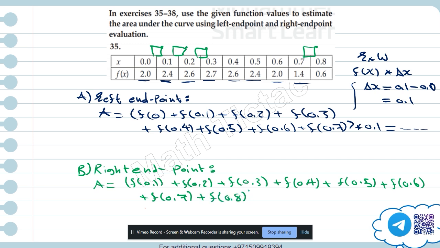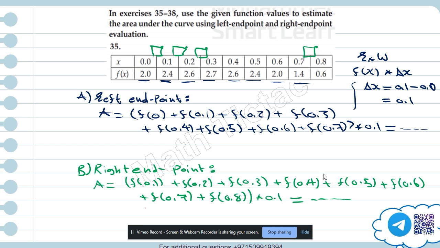Then I'll close this and multiply all the values by 0.1. And that's it. Then you can find the final answer. This is how we can calculate the area under the curve if the table is given with the function and x values, using the left endpoint and the right endpoint.